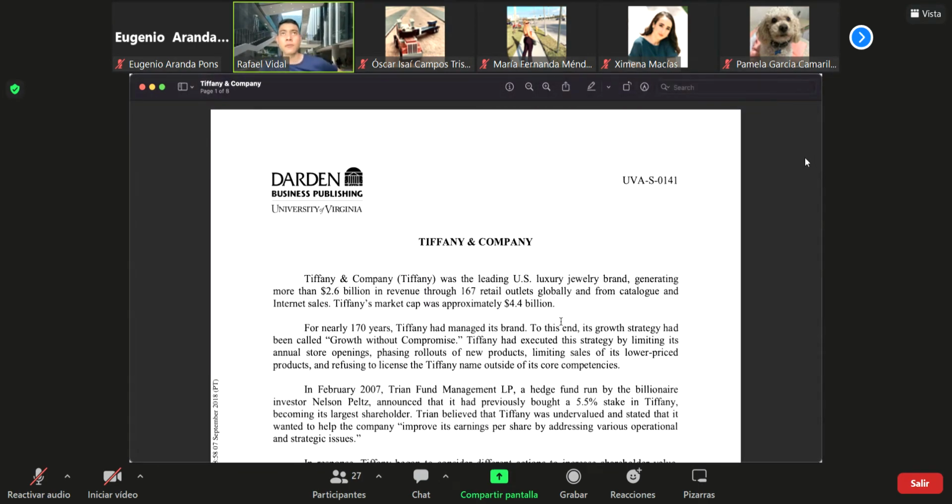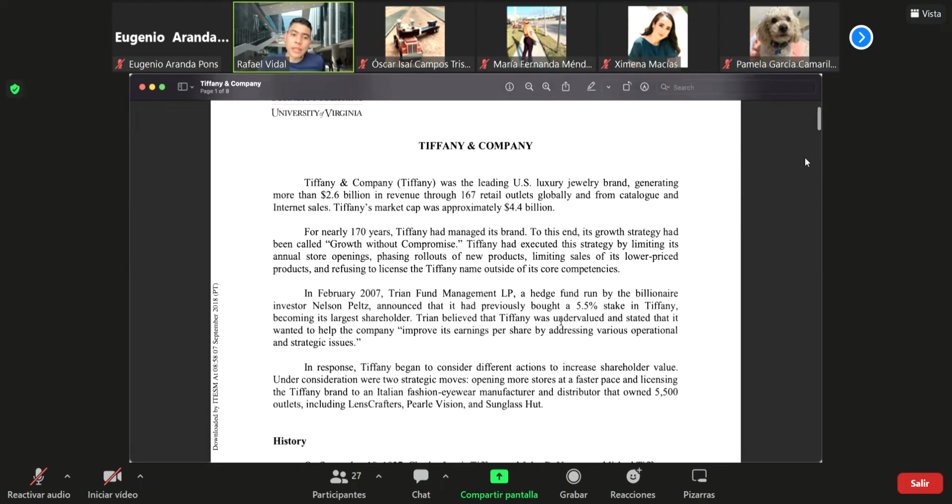Luxottica has a lot of really high-end brands that basically do the same as what they are doing with Tiffany & Company, such as Ralph Lauren, Gucci, no, I think Burberry as well. I think they have Burberry. So they know what they do.